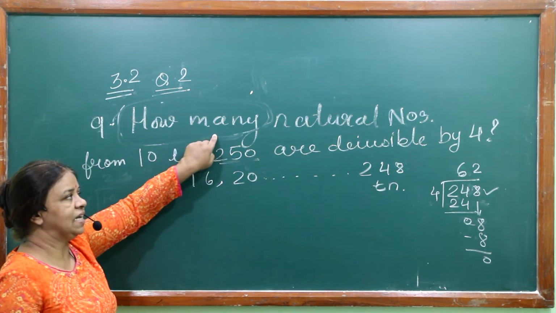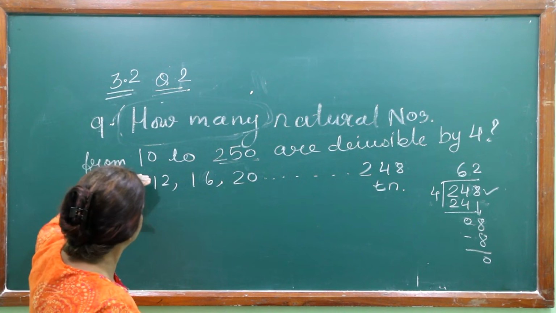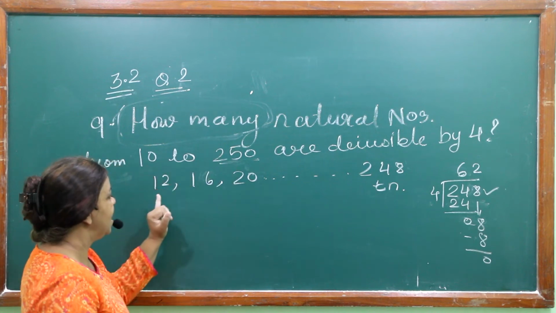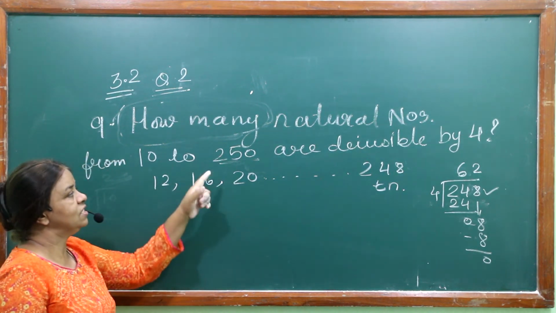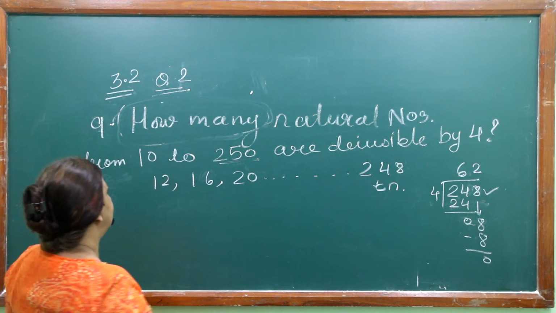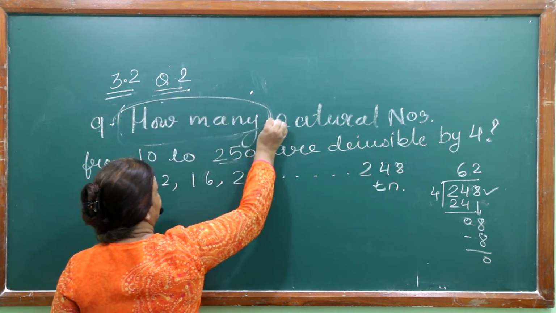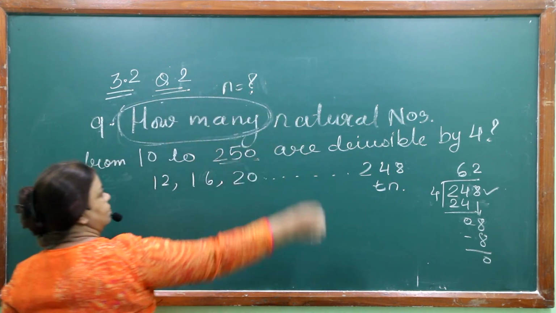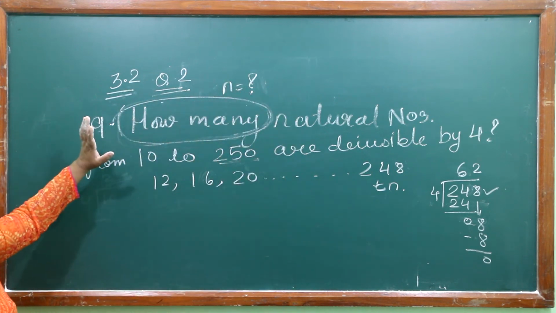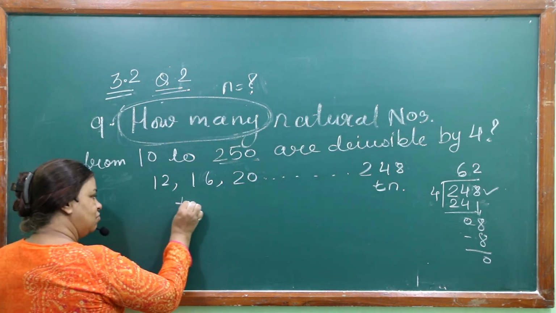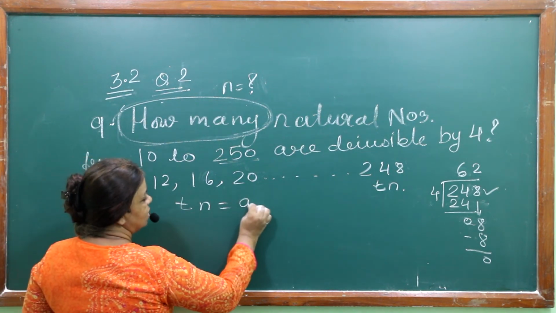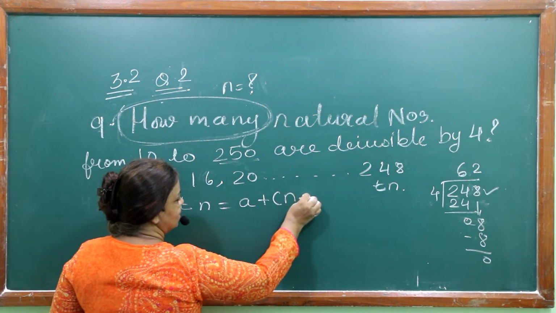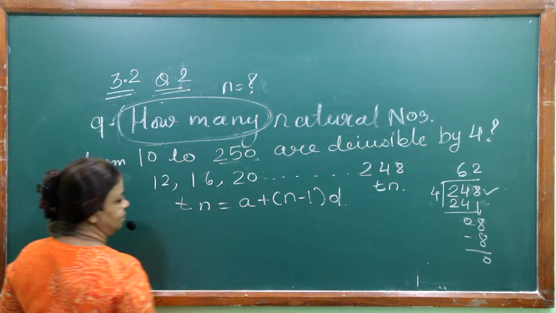How many numbers are they asking? That means between 10 to 250, how many numbers are divisible by 4? So of course, everybody knows what we have to find out. We have to find out n, and we will be using the formula Tn is equal to a plus n minus 1 into d.